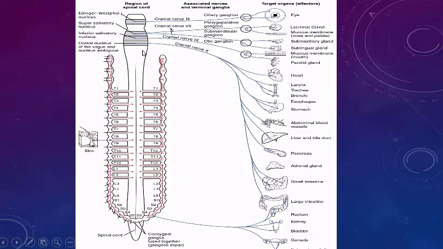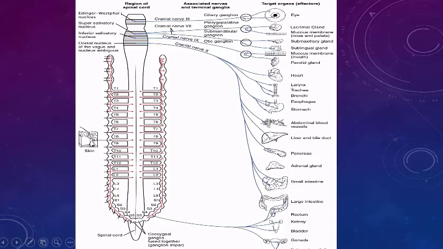Here you can see a clearer picture of the preganglionic neurons, which arise from the brain, through the cranial nerves, or from the sacral spinal nerves. You can see that the preganglionic neurons are very long, and here they synapse with the postganglionic neurons, which are from a few millimeters to a few centimeters long.